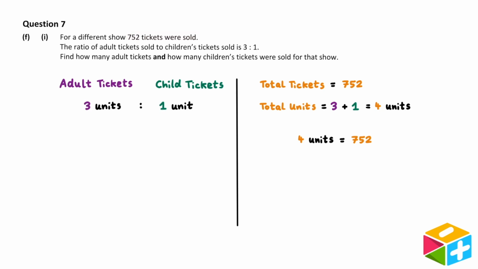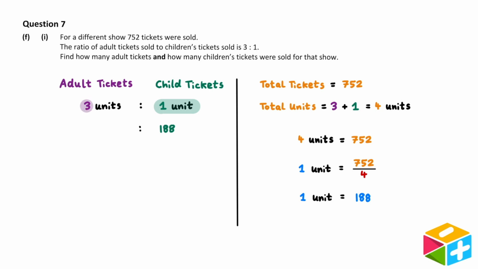To find what 1 unit is, we can divide both sides by 4. Performing the calculation tells us that 1 unit is equal to 188. This immediately tells us that the 1 unit we had for the child tickets is equal to 188.